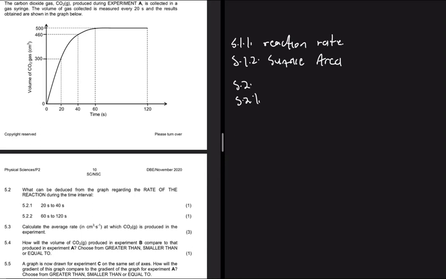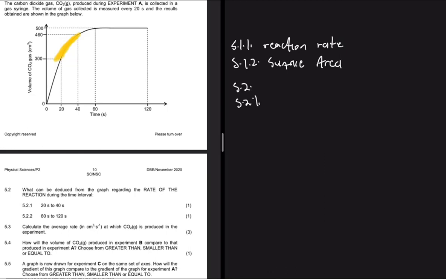5.2.1 says, what can be deduced from the graph regarding the rate of the reaction during the time interval. And then for 5.2.1 we have 20 seconds to 40 seconds. So let's go and look at this time interval. From 20 to 40, it starts flattening out, right?